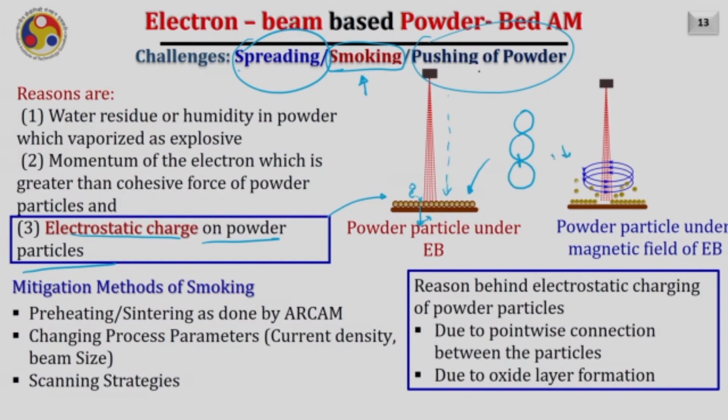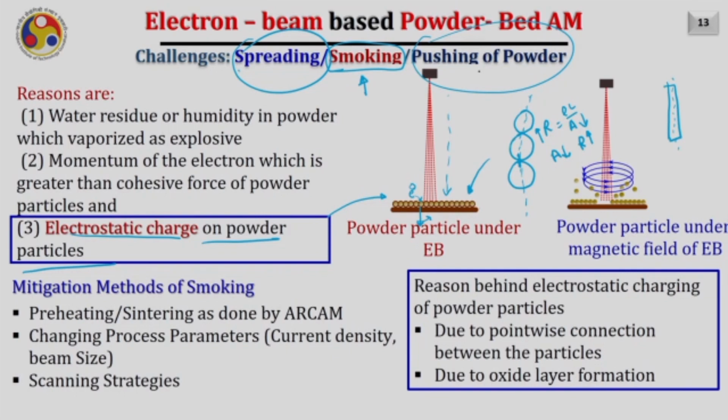If the contact area is less, we know that the resistance will increase. As a result, the electrons will not flow as they could in a complete wire, where there is a uniform bridge and uniform cross section. Here the cross section is suddenly reduced, and we know that R equals rho L by A, so if the area is reduced, the value of R will increase. As a result, the current will not be able to pass through this powder bed.